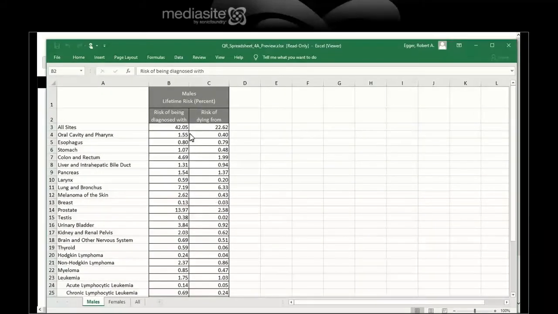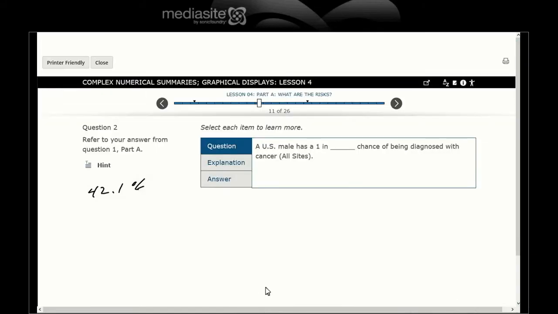Double check that. 42.05%. So to find our chance, let's take 100 divided by 42.05, and we'll find out that that number comes to 2.378, and since 3 is less than 5, we'll say a 1 in 2 chance.